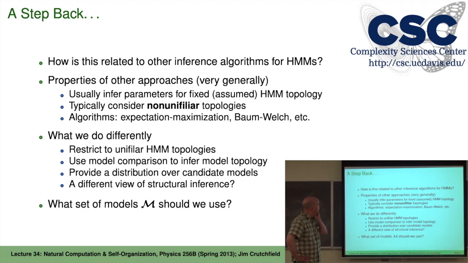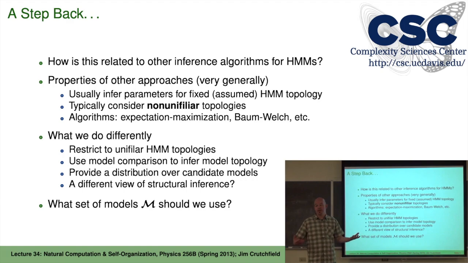Okay, so we're going to infer structure now. And so one thing that I wanted to do was to sort of contrast what I'm going to be doing with what is more common, probably, and what you're more likely to have encountered. So this is very generally, and I'm sure there are exceptions, but often when people say that they're inferring hidden Markov models, they're usually assuming some sort of fixed topology that they've assumed.